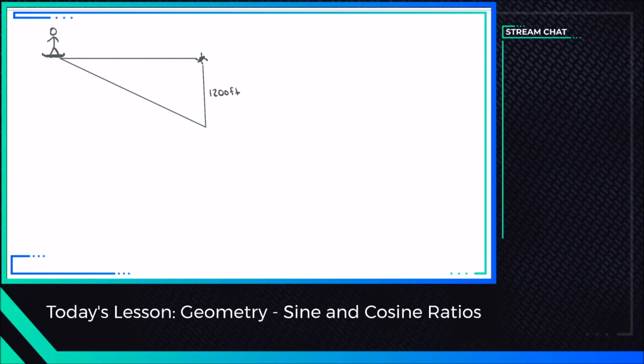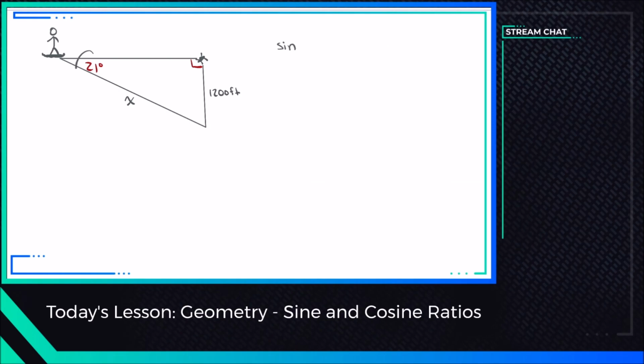And so that's going to create a right angle. And your drone is pretty smart, so it calculated that this was a 21-degree angle. So you're going to snowboard down this slope. You put a drone out 1,200 feet above this point, and you want to know how long this run is in feet, x feet.